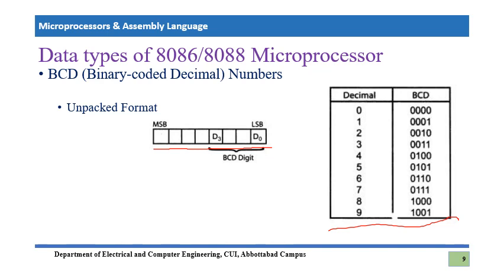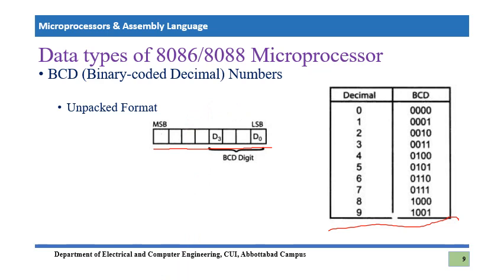Since we know that in binary coded decimal there will be only 4 bits of information, only D0, D1, D2 and D3 will be used. Let me use the pointer, that will be much clearer. Yes, so D0, D1, D2, D3, these 4 bits will be used.